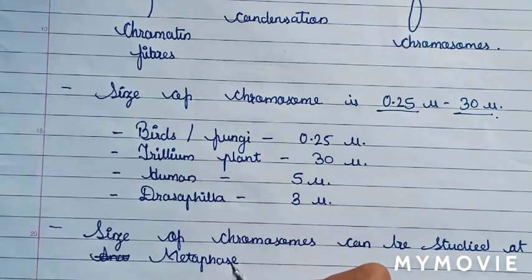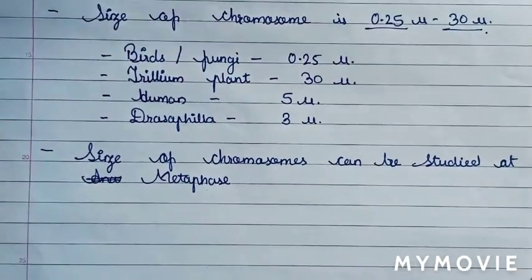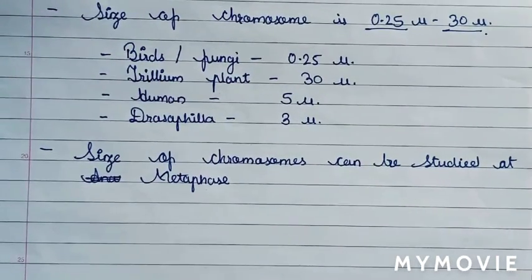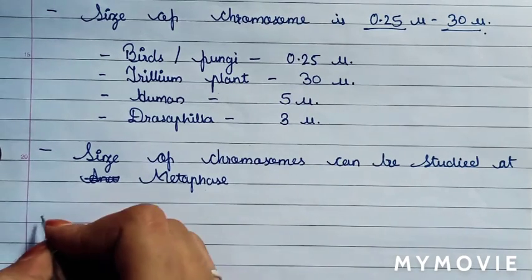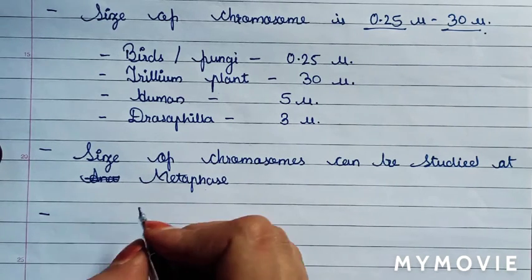Now you have seen that some chromosomes bear a satellite part. We saw that in the last video on chromosomes, that some chromosomes bear a satellite part. So the chromosome which bears a satellite part is called a SAT chromosome.